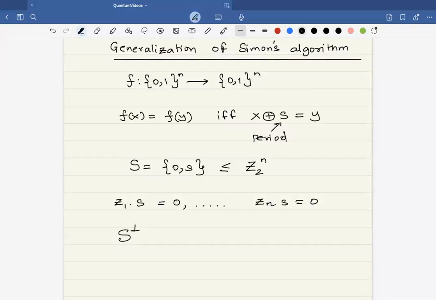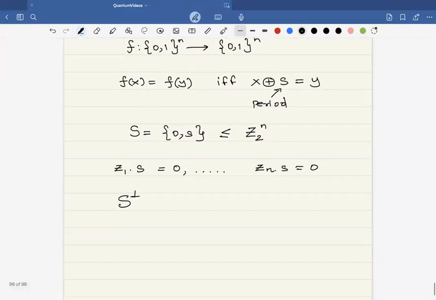Now, there could be a generalization of this. Let's say we have a function again from {0,1}^n to {0,1}^n.